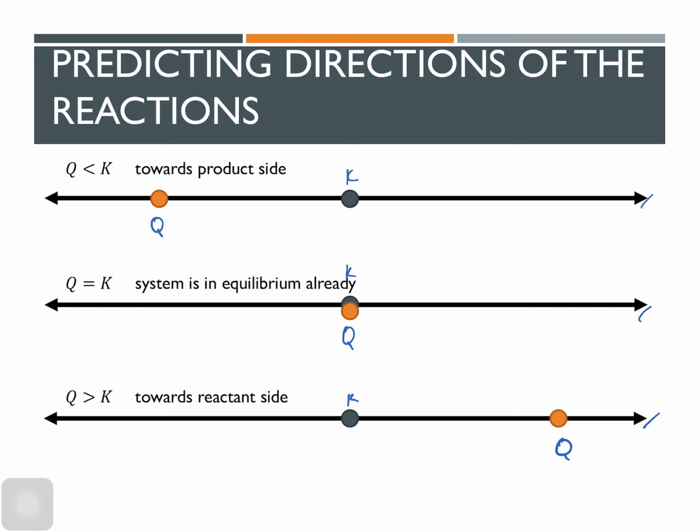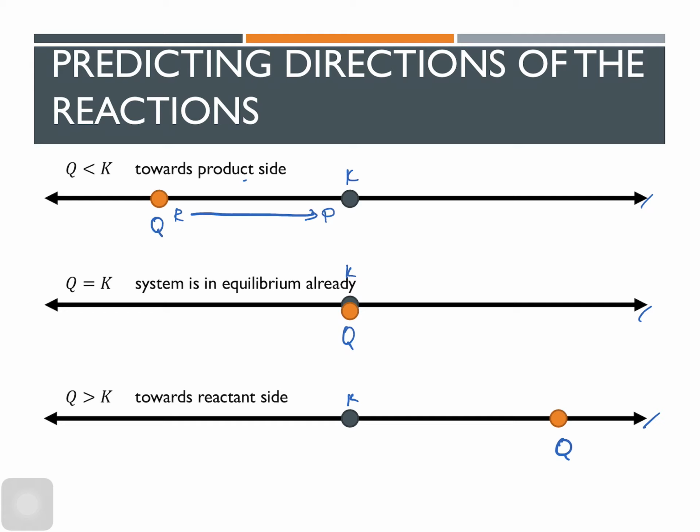I will indicate that as an arrow pointing to the right side. Whenever I write an arrow towards the right side, it means the reaction is going to the product side. There's one way to remember that: the reaction is going to the product side, or towards the right side, because on the right side you will find K.